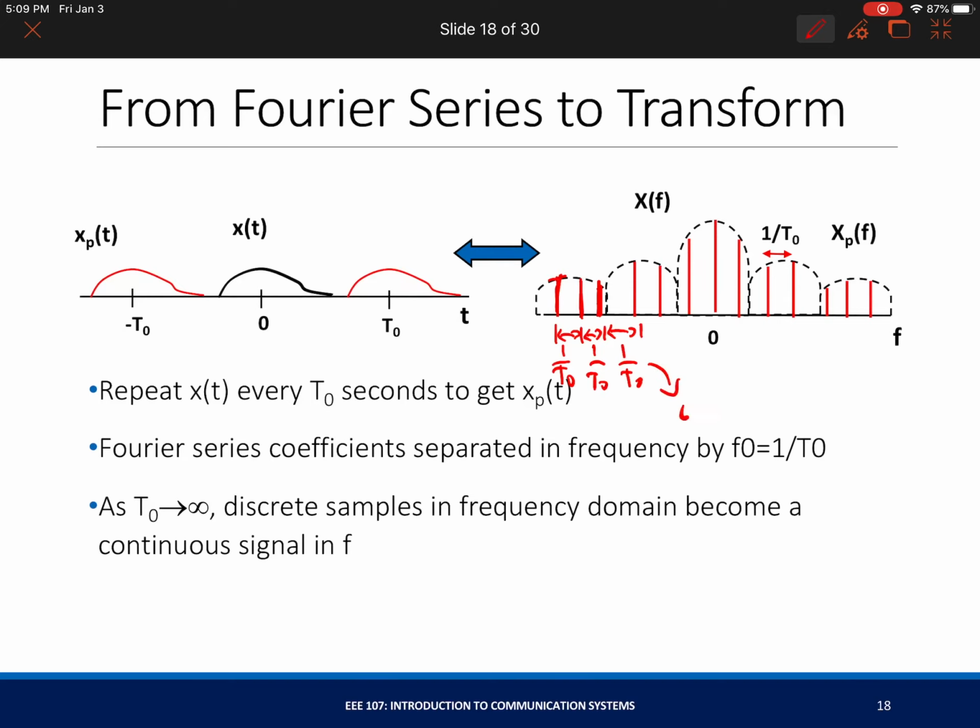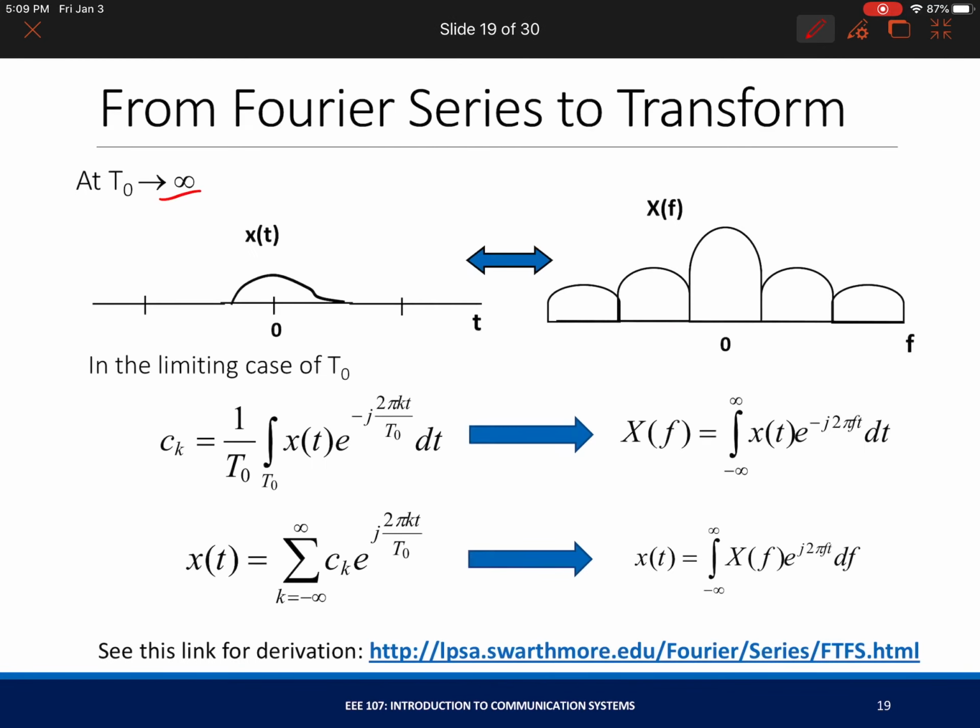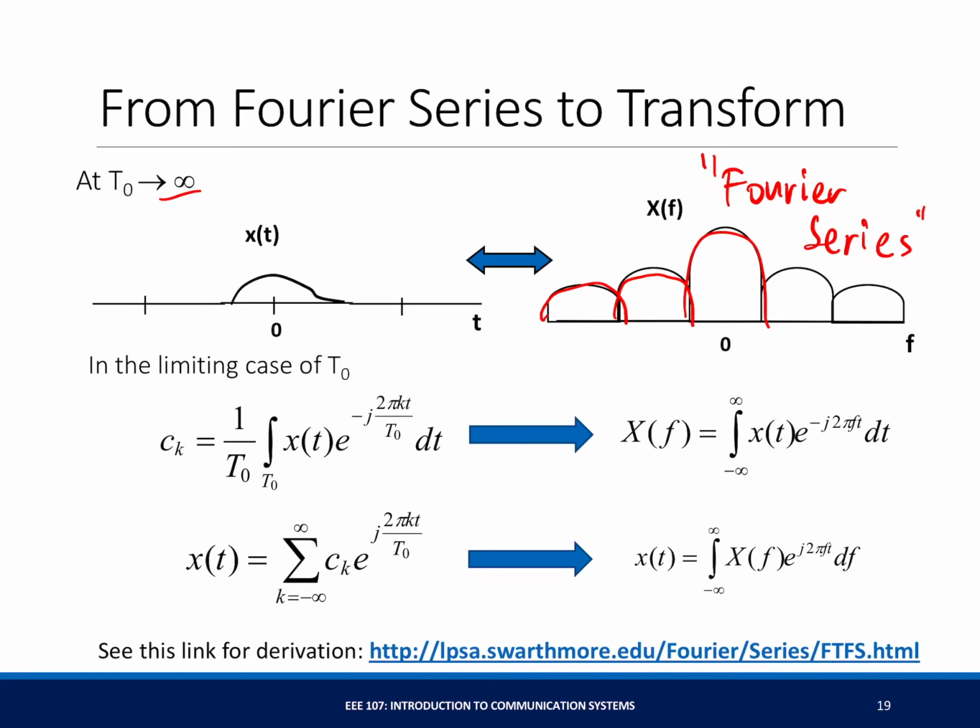Now if T naught approaches infinity, then 1 over T naught approaches 0. That means you get the whole package right here as the Fourier series of your aperiodic signal. It's actually now called the Fourier transform.